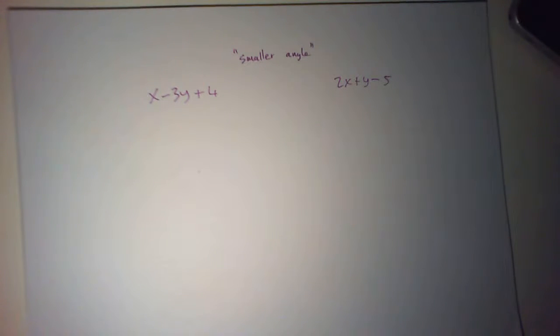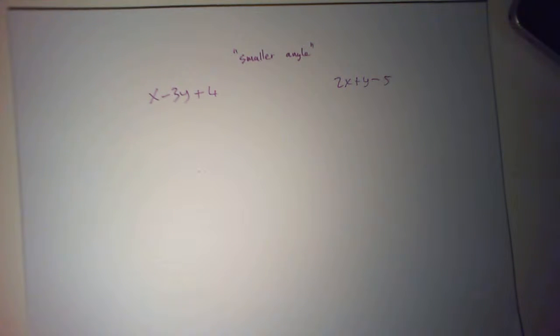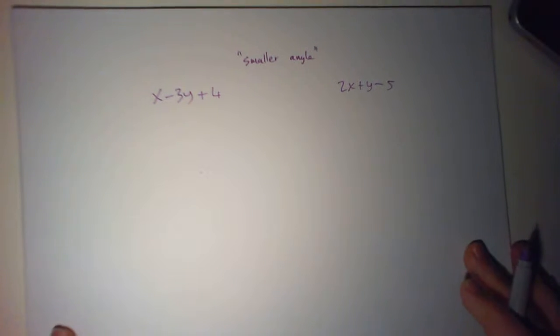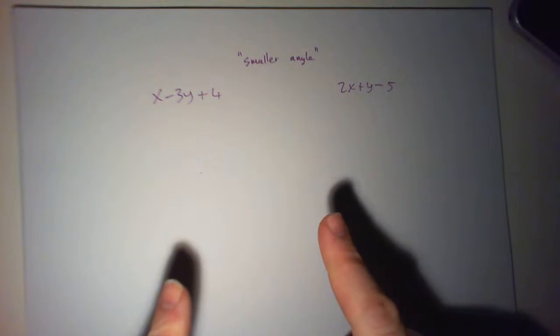So hint, hint. How are we going to do it? Well, we're going to do 3, 2, 1 pause, and you're going to do it, because I know how to do it already. So 3, 2, 1, pause and do it.